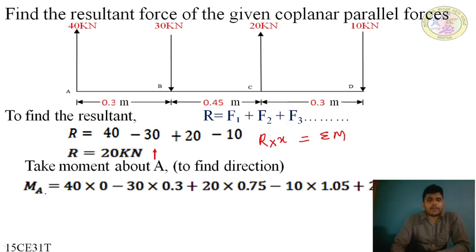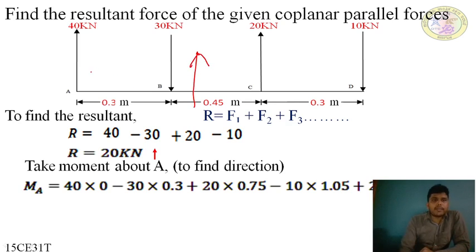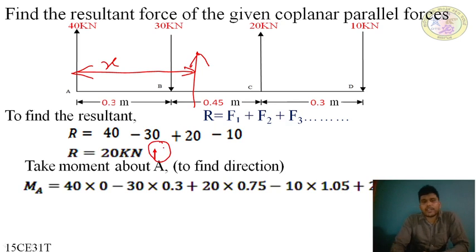Or else, taking moment about point A, assuming that the resultant is also a force acting somewhere here, we don't know where it is, but take the distance from point A as x. The resultant is in the upward direction, we have calculated that. The resultant, 20 kilonewton in the upward direction, positive, into x. We have to assume the x direction, we don't know where it lies, we have to calculate this x. That's why 20 kilonewton into x.